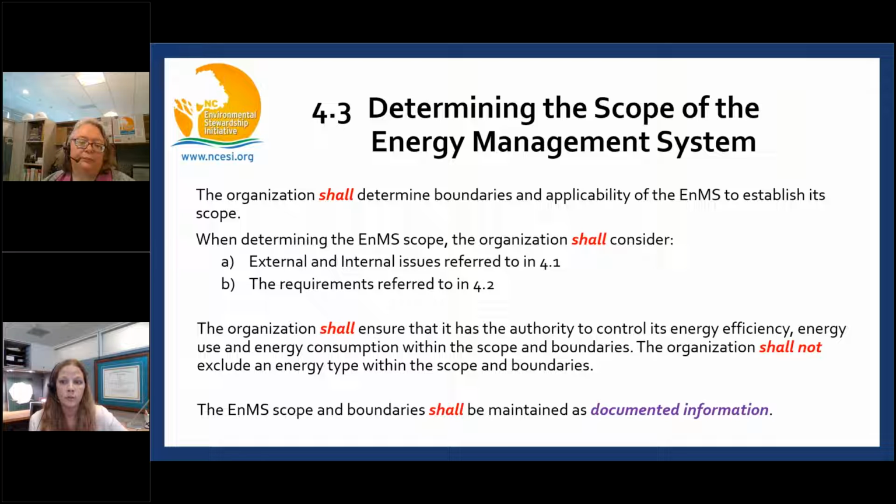It refers to various types of energy, including renewables, which can be purchased, stored, treated, used in equipment or in a process, or recovered. Okay, so you can't exclude, let's say, fuels from your ENMS and just worry about your electricity. You have to include all of the different energy types that you use.